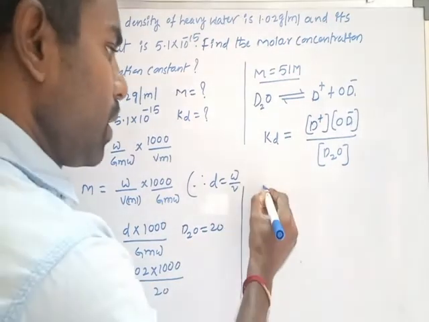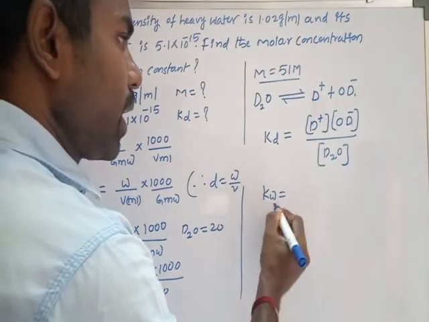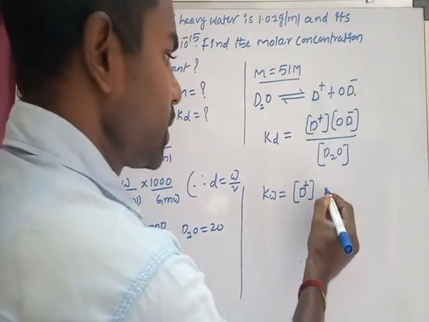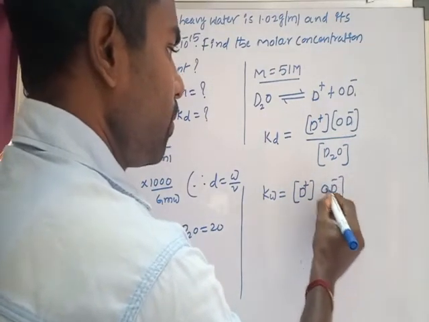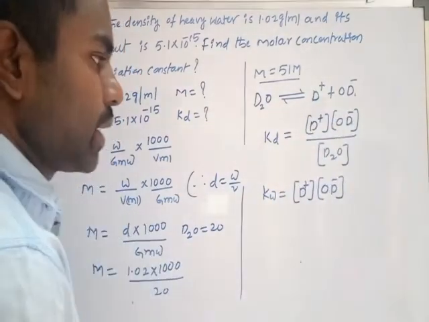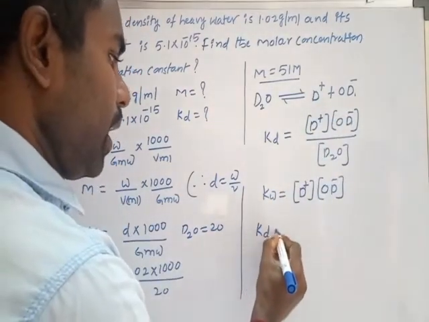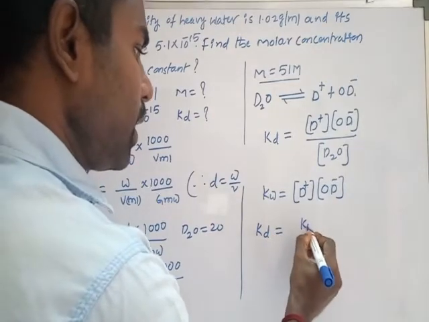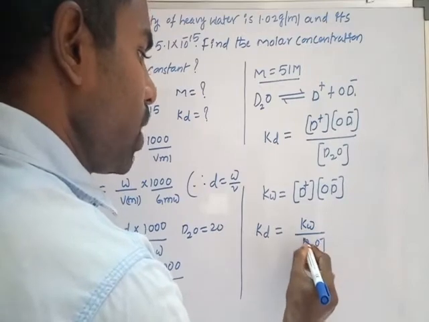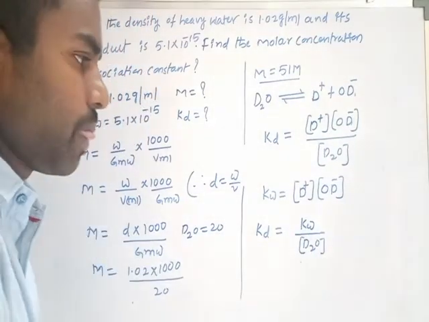Now Kw equal to the product of the molar concentrations of D plus and OD minus. In place of this we can write Kw. Now Kd equal to Kw by the molar concentration of heavy water.